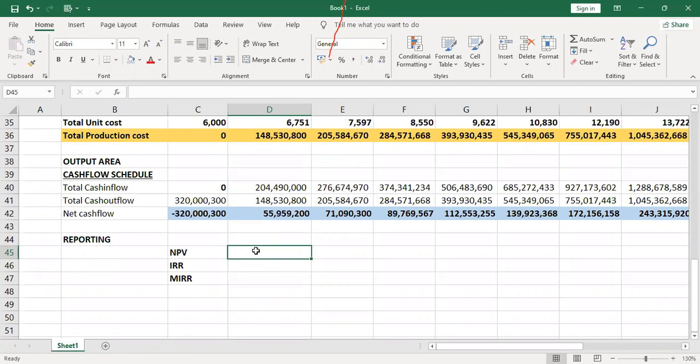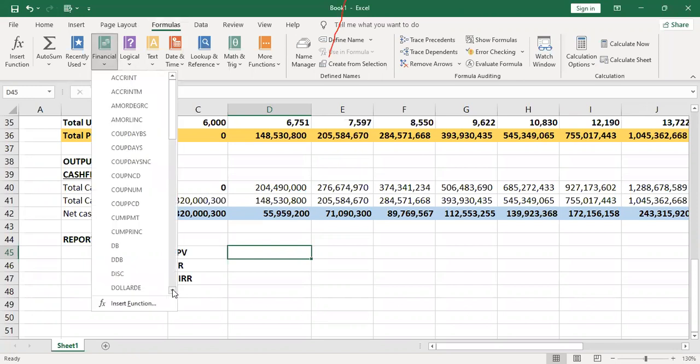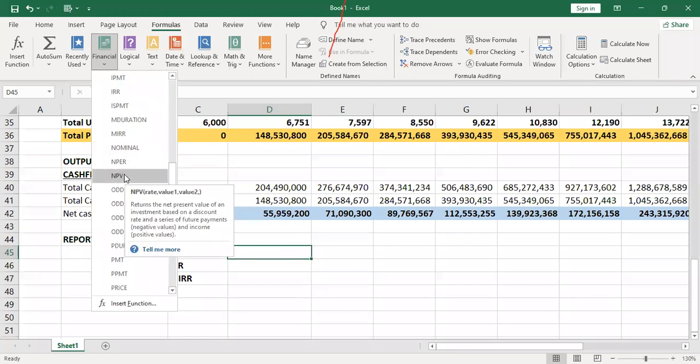Yes, sir. Okay, so type NPV, press the cursor here, click on formulas, financial, and then look for NPV.